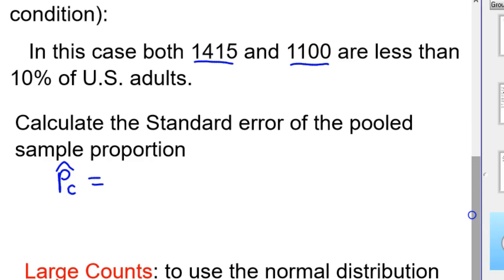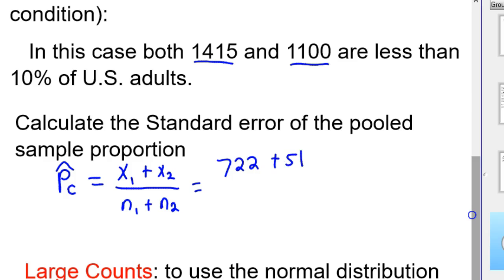And pooled data is simply your successes from 1 plus your successes from 2 divided by your total sample size. So in our case, if you did that, and you're going to wonder where the 722 came from, and I'll show you in just a second. But for the most part, 722 is our successes in the 1415.